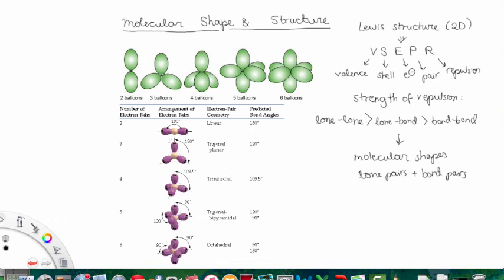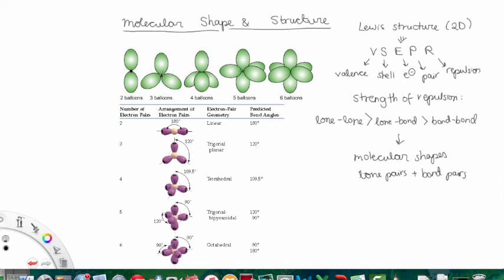We're going to look at different numbers of electron pairs, and I'll give you examples of each one. But I wanted to also show you this very simplified diagram, drawn showing balloons. There is one central atom right here, and there are two balloons bound to it. Since we have these electron-electron repulsions, these balloons want to be as far apart from each other as possible.